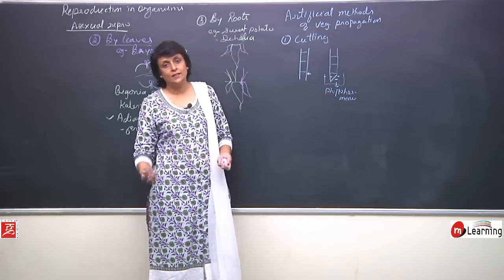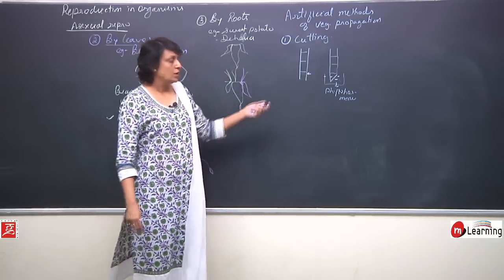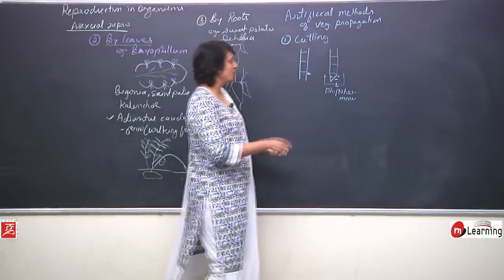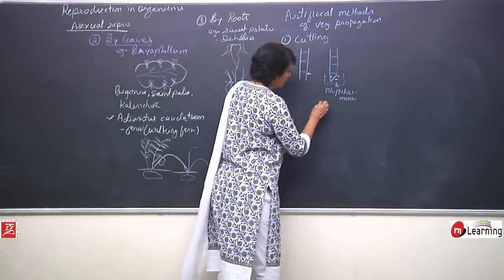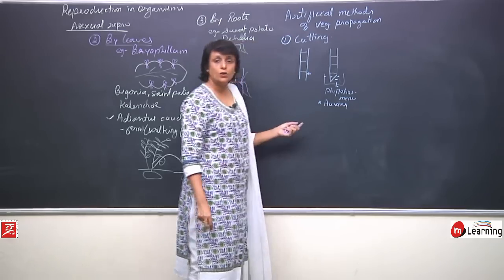Phytohormones are the hormones produced by plants which promote root formation, cell division. And the most preferred phytohormone is auxins.